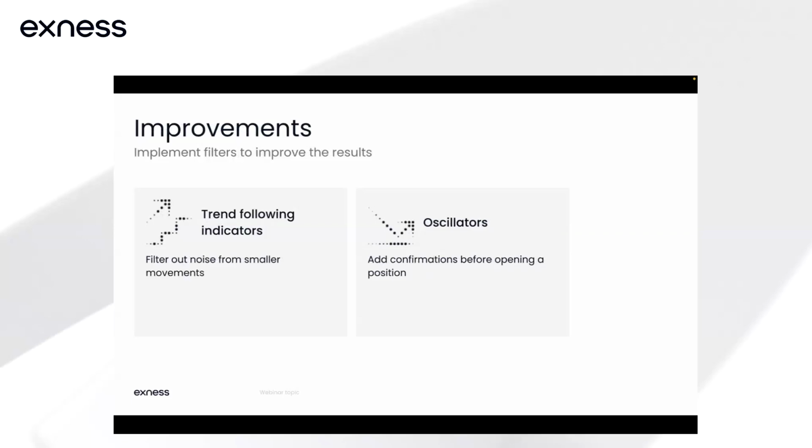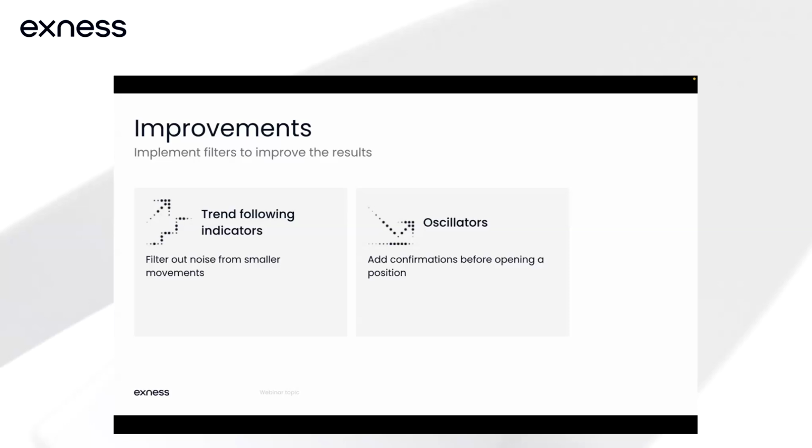Lastly, let's look at how we can upgrade the Heikin Ashi system to overcome the limitations we just talked about. The first way is by adding oscillators. As you might already know, tools like RSI, stochastics, or MACD help you confirm whether the market is overbought, oversold, or just lacking momentum.